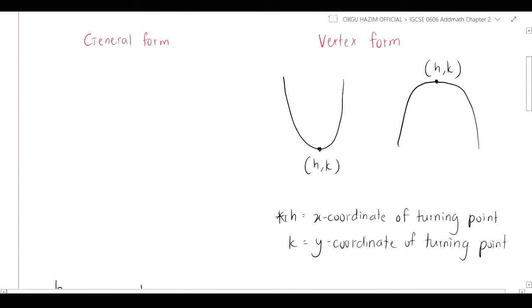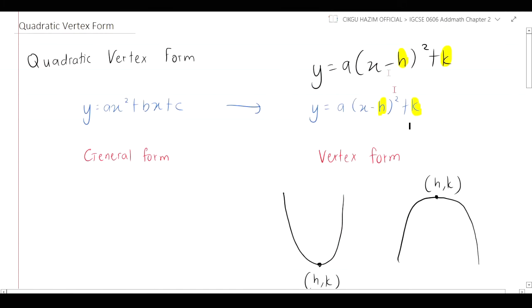It means that h is the x coordinate of the turning point and k is the y coordinate. Also, the negative in x minus h is part of the formula. It's not telling us that h must be negative. It's telling us that h is h, but the minus in the middle is part of the formula.